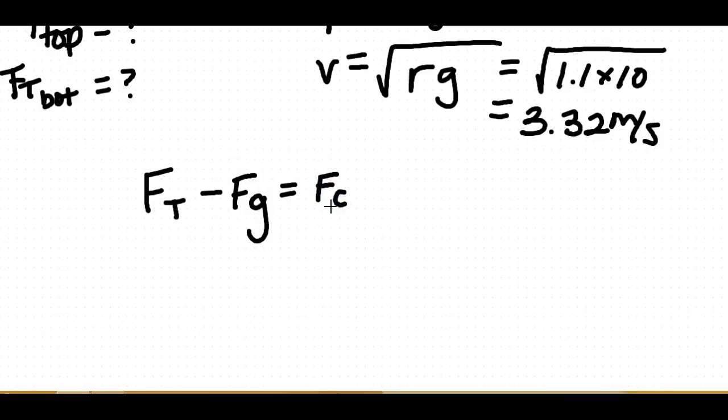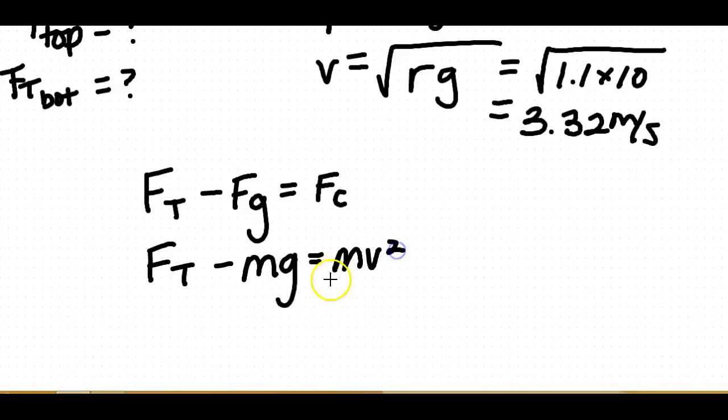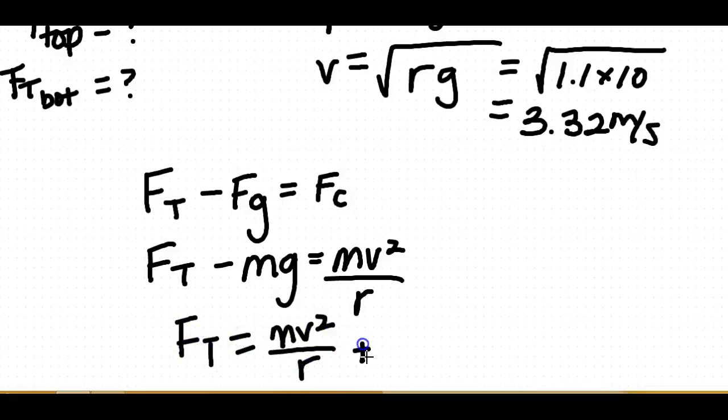If we're looking for tension at the bottom, that remains Ft. Force of gravity becomes mg, and centripetal force is mv squared over r. We know all the masses, we know the radius, and we know everything else we need to solve the problem. So force of tension is going to be mv squared over r plus mass times gravity.